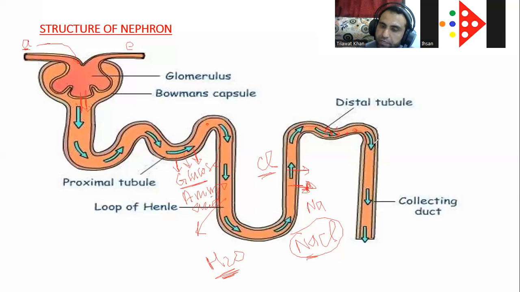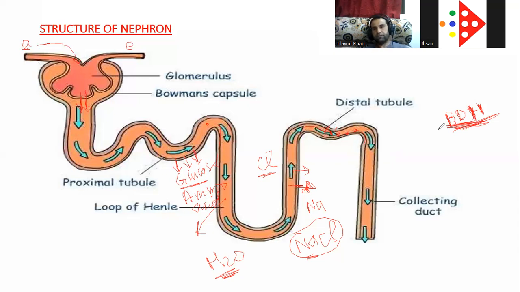Now it is urine. When it comes to the collecting duct, remember, this collecting duct is working under the control of a hormone called ADH hormone. That ADH hormone is secreted by the pituitary gland.